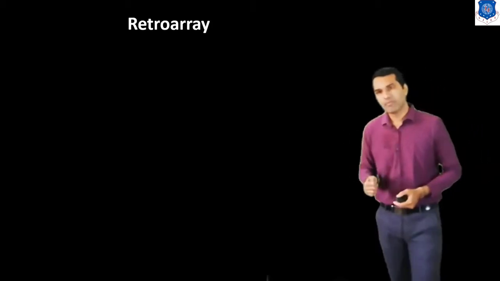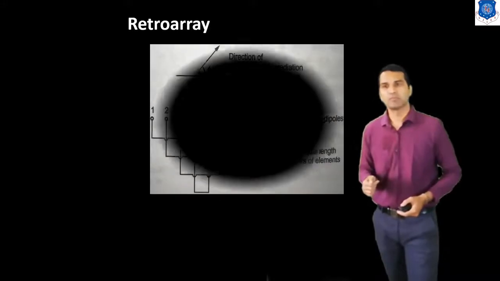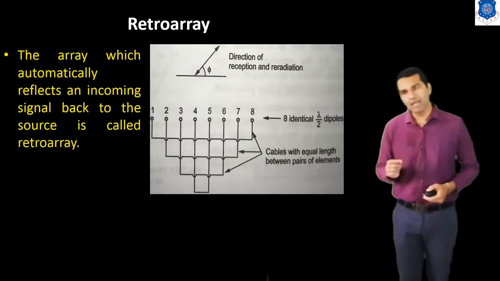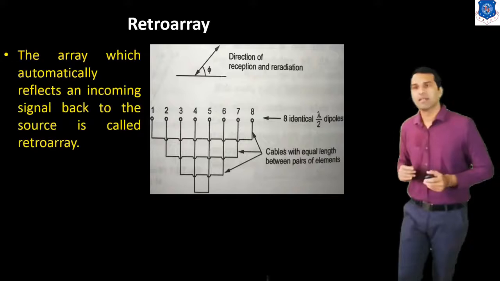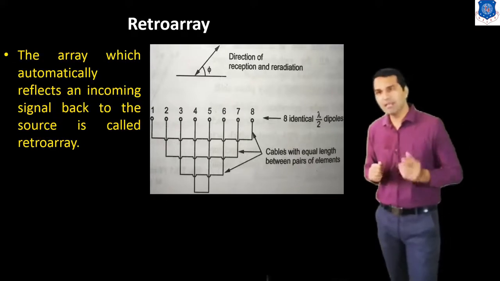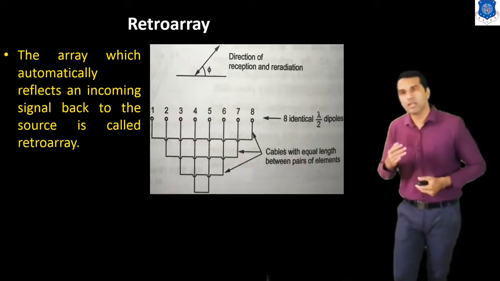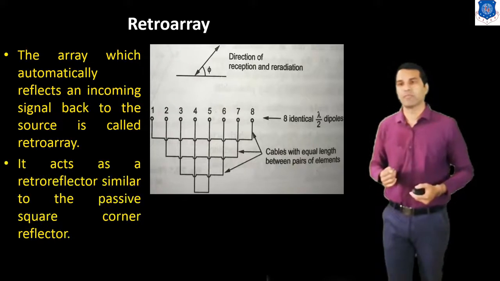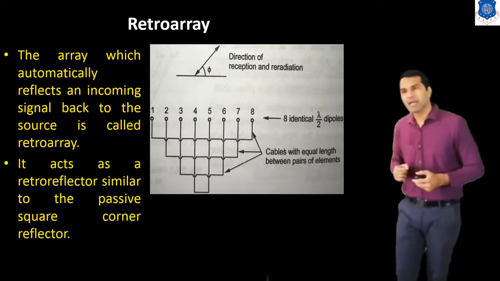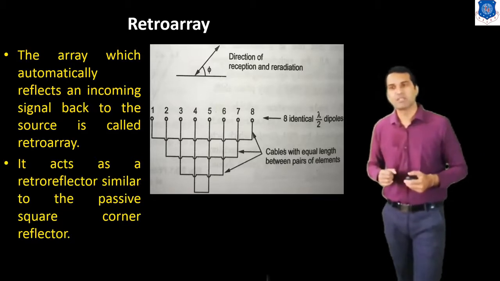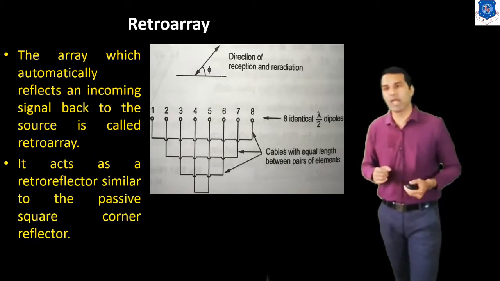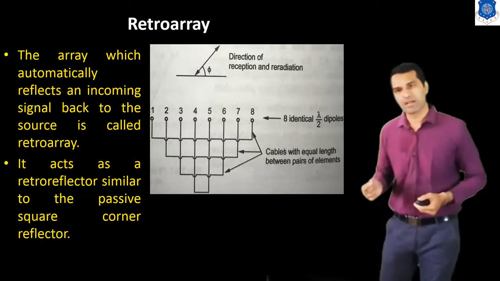The second type is the retro array. The array which automatically reflects an incoming signal back to the source is called a retro array. It acts as a retro reflector, similar to the passive square corner reflector.